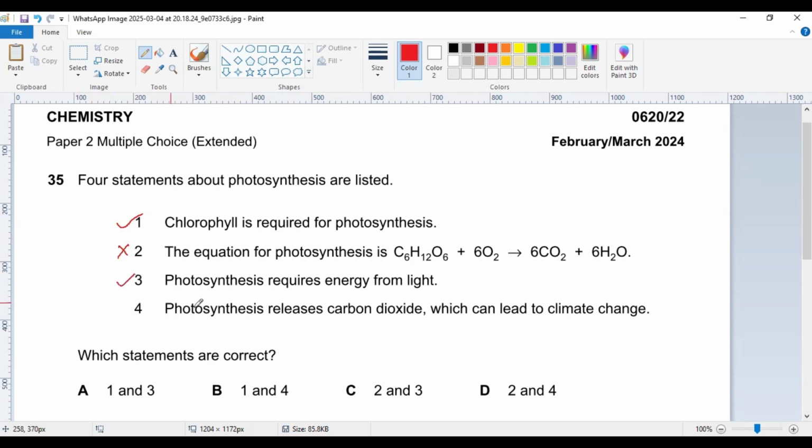Yes, correct. Photosynthesis releases carbon dioxide, which can lead to climate change. Photosynthesis does not release it, it absorbs it. So the correct options are 1 and 3. So the answer is A.